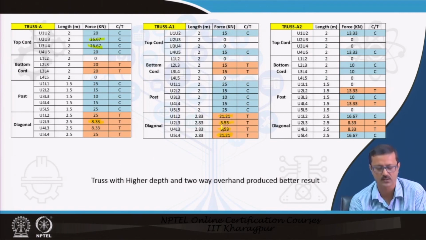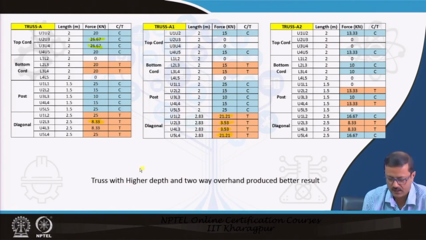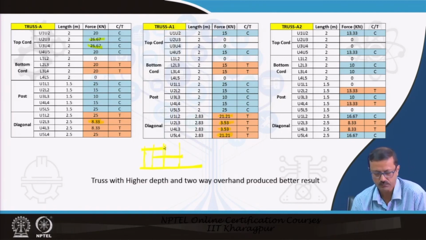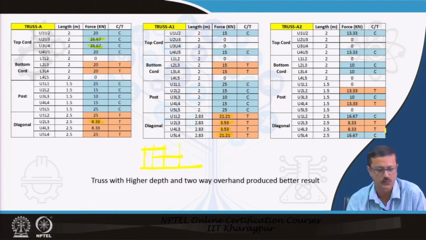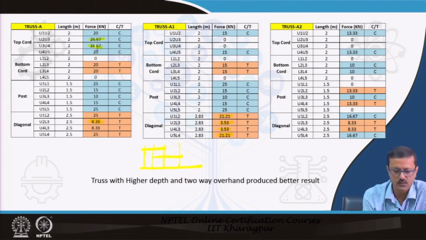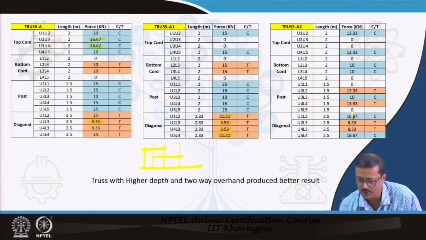So, the lowest is also, there is a variation, these two are high and these two are a bit low. So, if I say this is a kind of a lowest and this is the second one, this is the first one. But now if you compare the third one, that the A2 with the A, see this is 26.67 here, and this is the highest amount of force is 16 only.